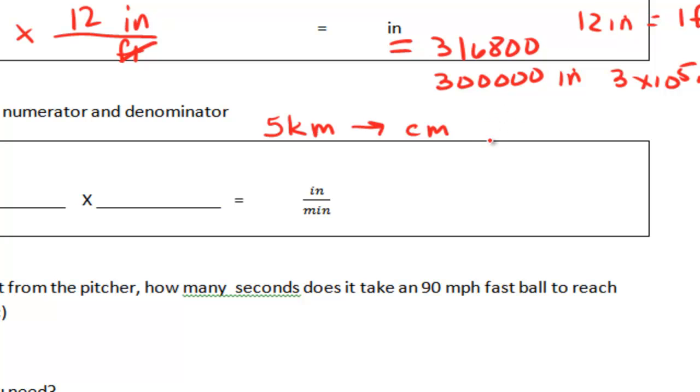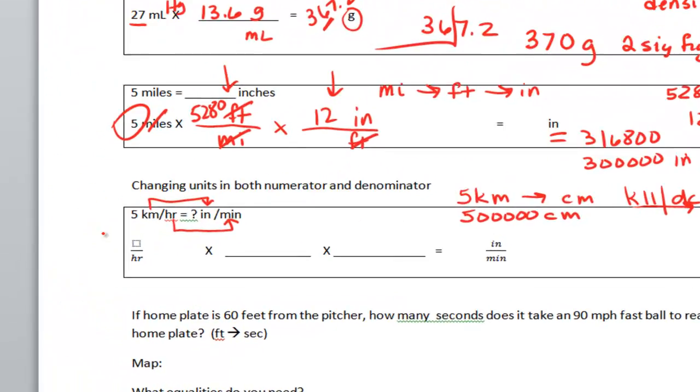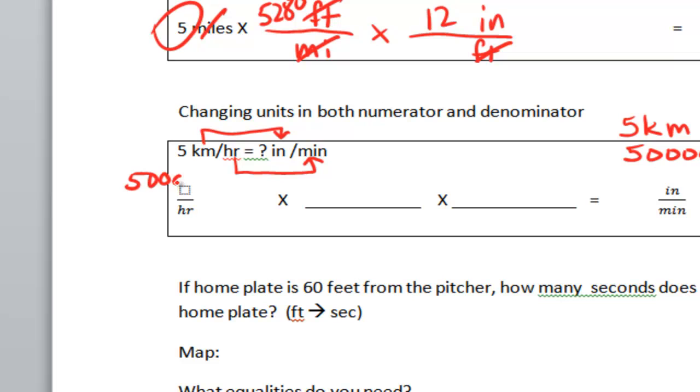If you remember the metric ladder, I'm going to go from kilo, or from the K to the C prefix, and that is 5 steps. So if I add 5 zeros, I will have the number of centimeters. So I'm going to start with 500,000 centimeters in 1 hour, and then I can get rid of my centimeters and go to inches using the 2.54 centimeters per inch.